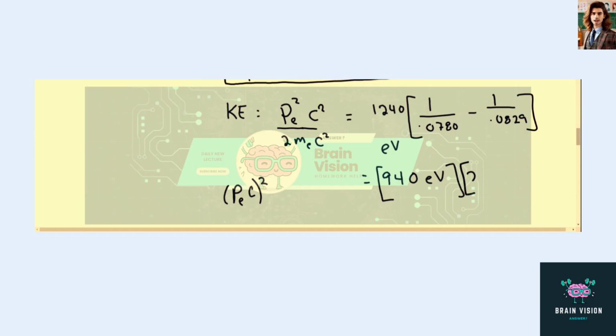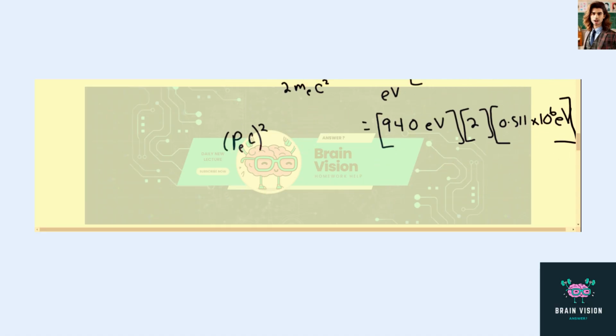So we'll solve for the constant Pe squared. We take twice the rest mass energy, 0.511 times 10 to the 6th eV. This gives a kind of weird unit, but it is one that gets used a lot.